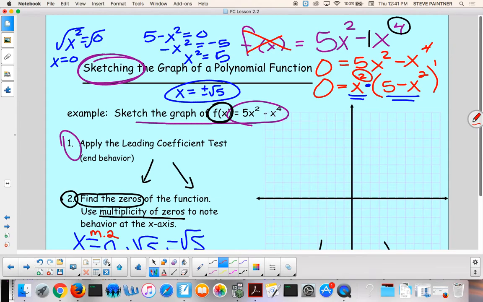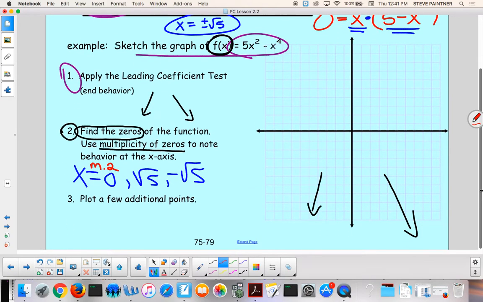So the multiplicity in here is what? 1 and 1. This counts once, this counts once. And really the multiplicity is just telling you, does it go through the x-axis or does it bounce off the x-axis? So guys, let's plot the zeros. I know 0's here. Where's the square root of 5?